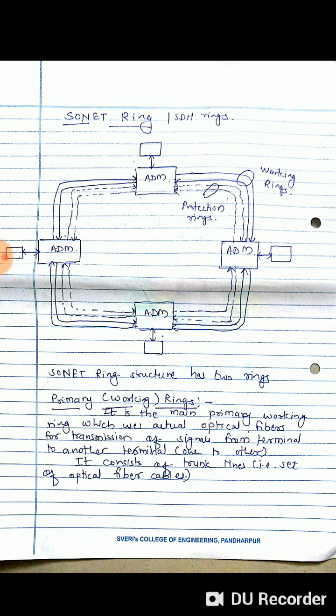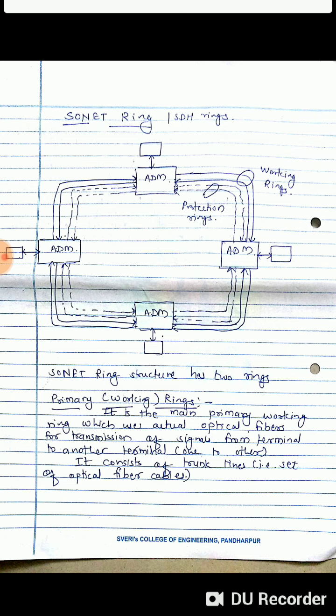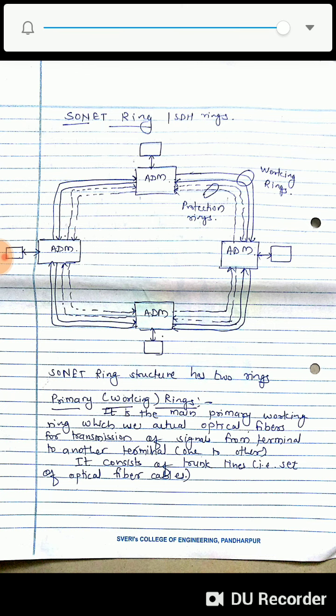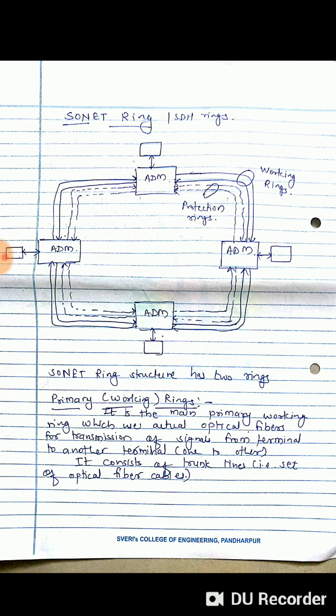The primary ring or working ring is the main ring which uses the actual optical fiber for transmission of signals from one terminal to another terminal, and it consists of trunk lines, a set of optical fiber cables. So there are two sets of cables, one set in the primary ring.